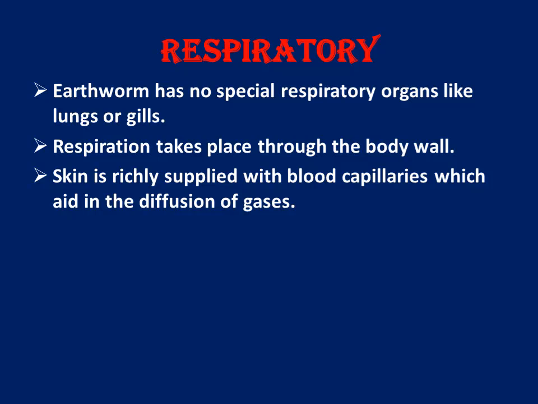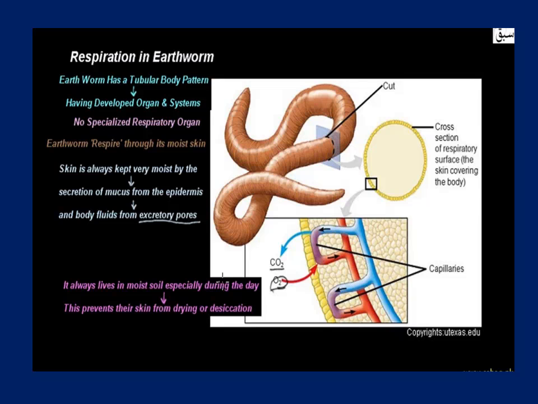Then respiratory system. No special respiratory organs like lungs or gills, respiration takes place through the body wall. So, skin is richly supplied with blood capillaries which aid in the diffusion of gases. So, this is the respiration seen in the earthworm.